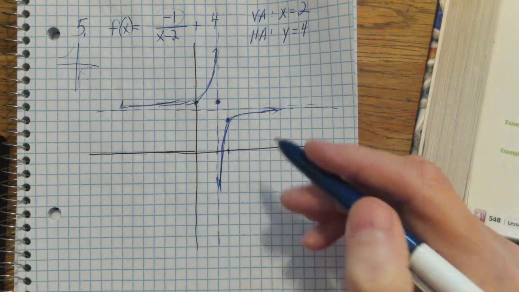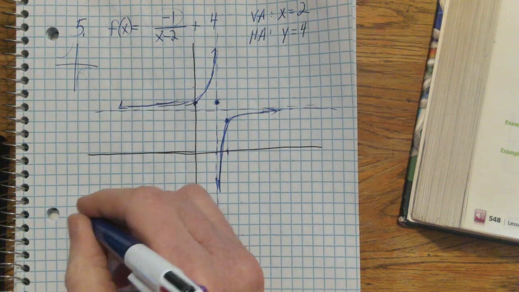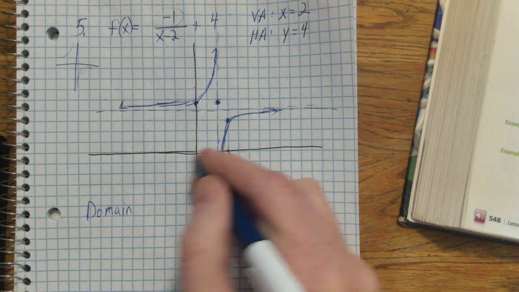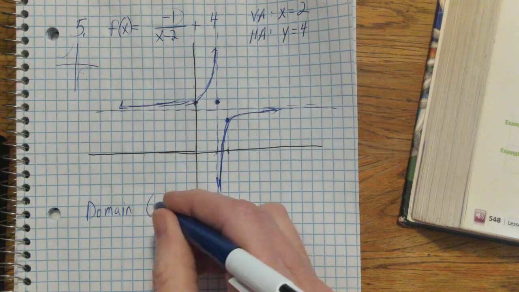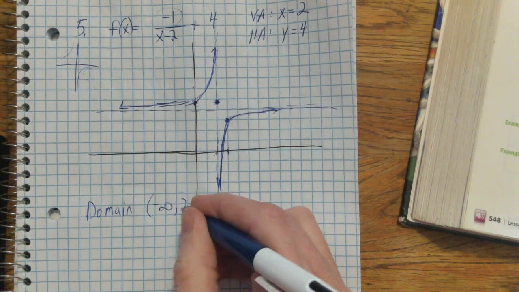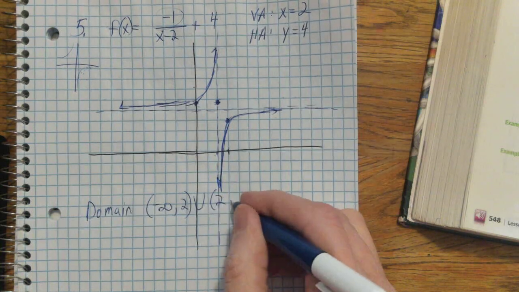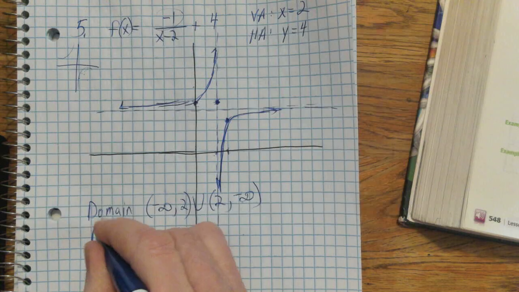So, I am going to talk about domain. Looking at x, it can't be 2. So the domain goes from negative infinity to 2, skips over 2, and goes from 2 to infinity.